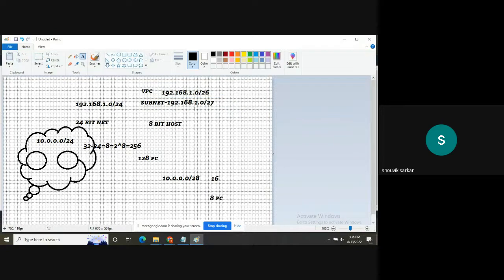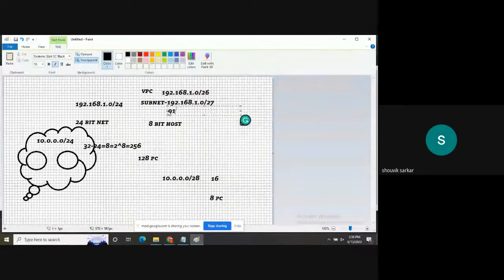So that becomes the first subnetwork. In the same way we need to define a second subnetwork. The first one covers 0 to 31, so the second one must start from 192.168.1.32/27. Is it clear? Please confirm.